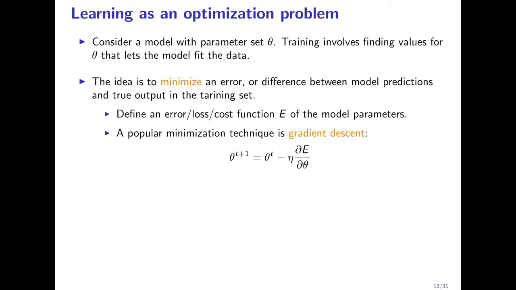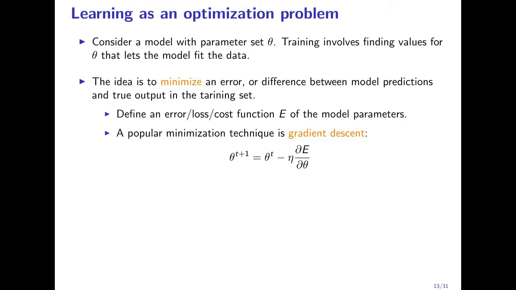And you can see what we basically do is we're subtracting a scalar multiple of a derivative. This derivative is the derivative of this cost function with respect to the parameters. This thing, eta, is what we call the learning rate.